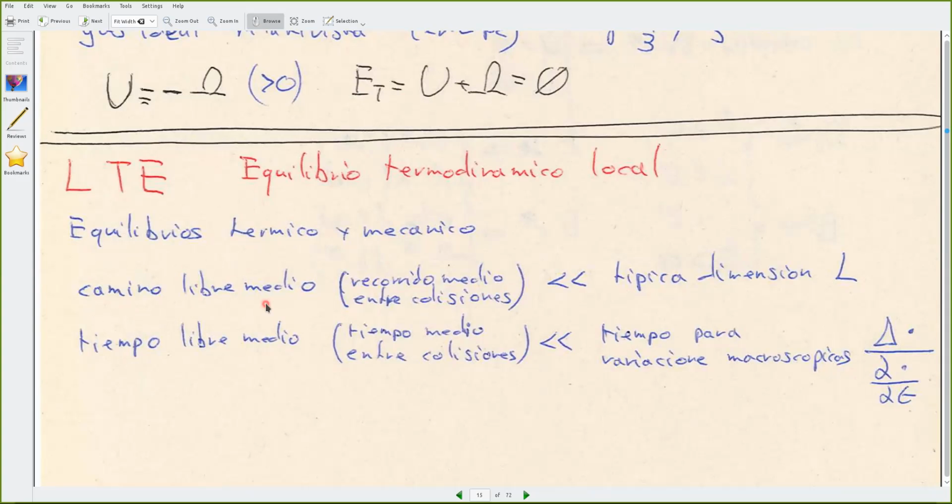For example, for the sun, you calculate something like 40 million degrees of difference, more or less, over a range of 700,000 kilometers.